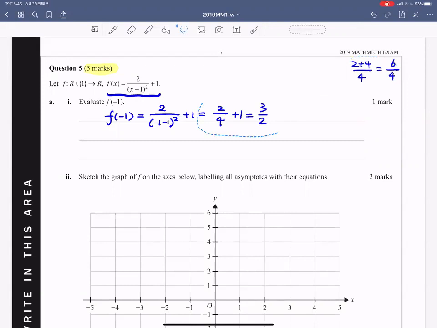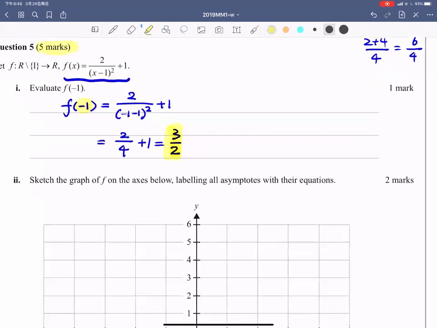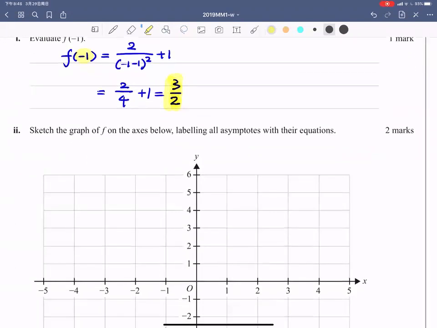Okay, now, if I'd like to draw the graph, with part A I, I actually had one extra piece of information. When x equals 1, y equals 3 halves. So minus 1, 3 on 2, which is 1.5, should be this point.